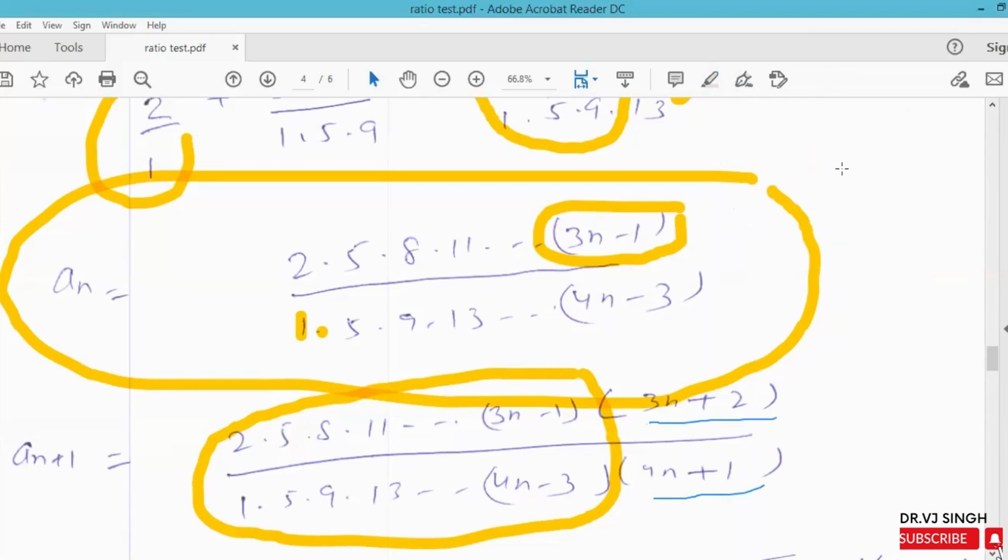If this is the second type: the first type is when a factorial term is given, then we cannot apply the comparison test. The second case is when terms are repeated in the nth term. If the nth term is repeated, then we cannot apply the comparison test, so we cannot take n common from here. ले सकते हैं n?